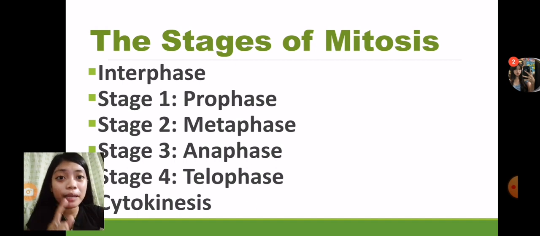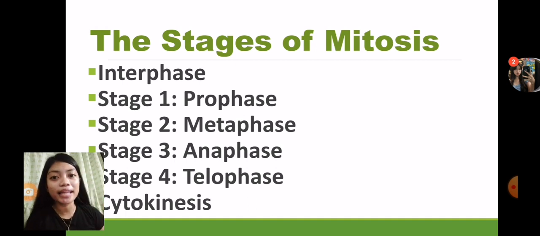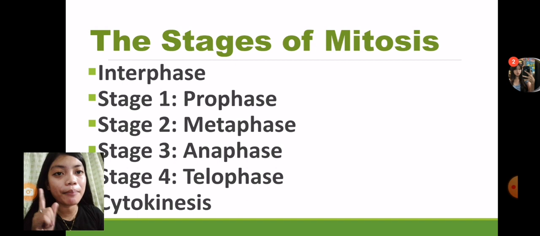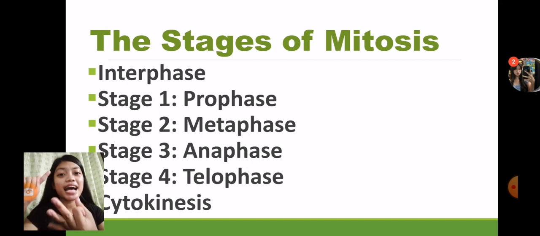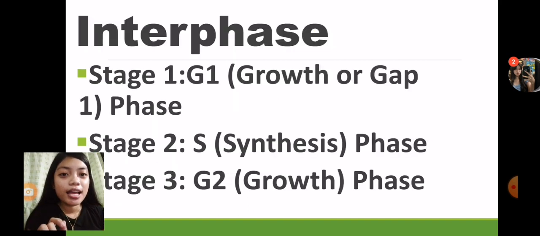So ang hinumduman PMAT ha: prophase, metaphase, anaphase, telophase. P, M kay metaphase, A anaphase, and T is the telophase. When we talk about mitosis, gitawag natin PMAT. And also may interphase, di ba?